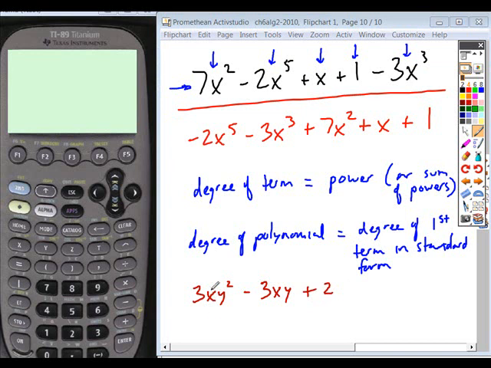So what would be the degree of this term? Add the powers, you get 1 plus 2 is 3. So this is a third degree term. What about this one? A second degree, or a degree of 2. And what about this one? Again, a degree of 0.